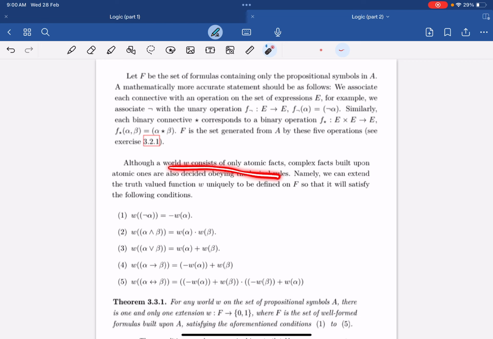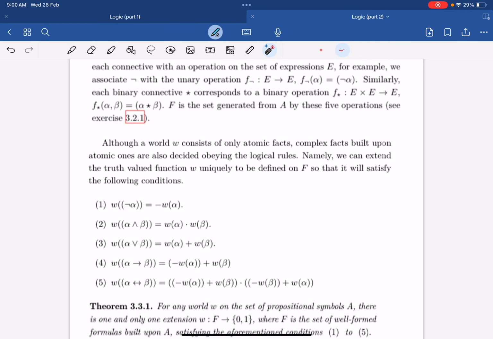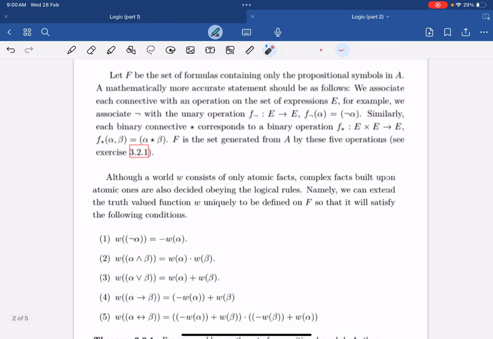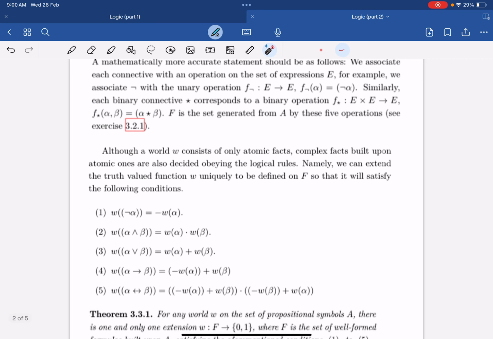And although our world must start only from atomic facts, so only propositional symbols, we can actually extend it to this set of formulas and assign the truth values by obeying the logical rules. And this truth value function will be unique. So the world of the negation of alpha equals 1 minus W of alpha.